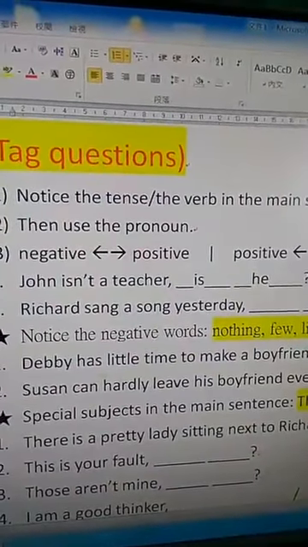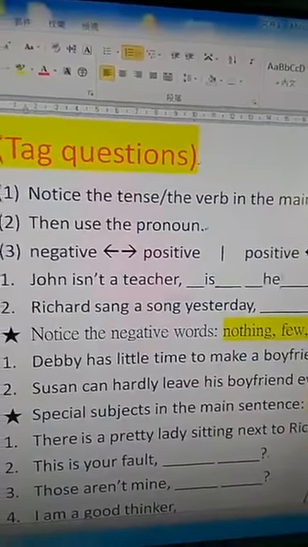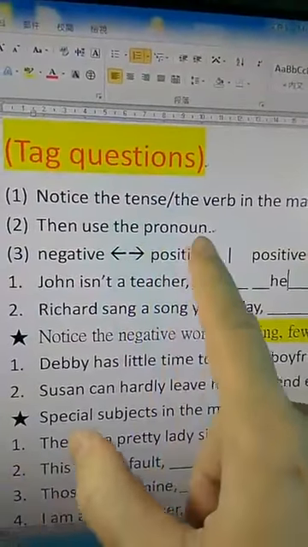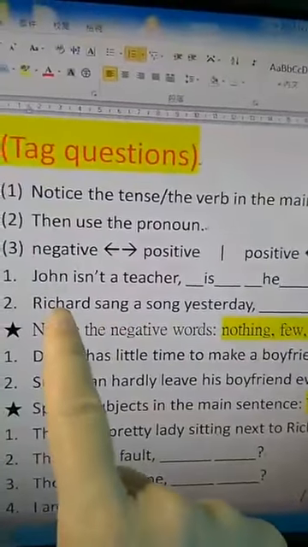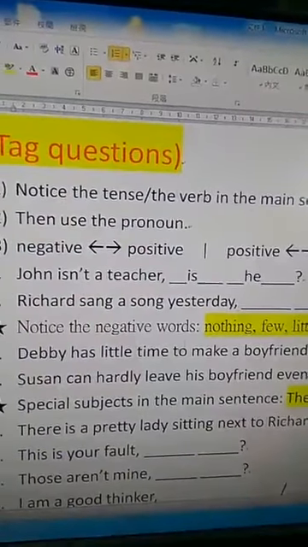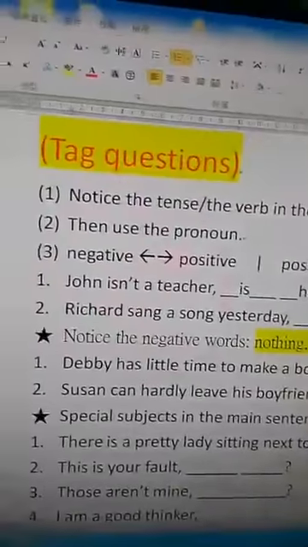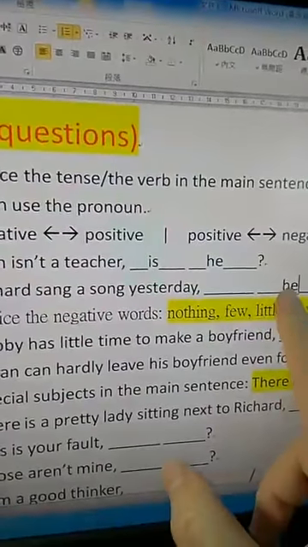Did, because that's the past tense. And then, what kind of pronoun should we use here? Because we have to use a pronoun here. What's the pronoun of Richard? Of course, Richard is a guy, so we should use he over here.